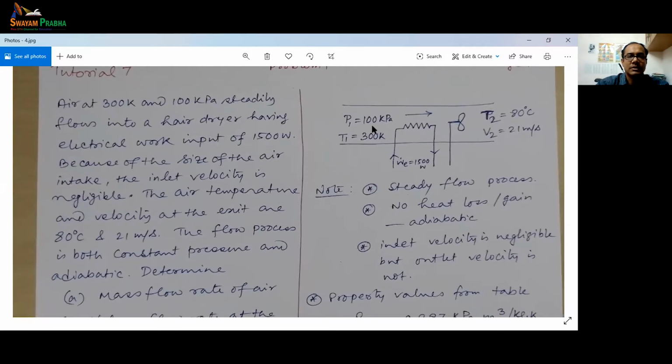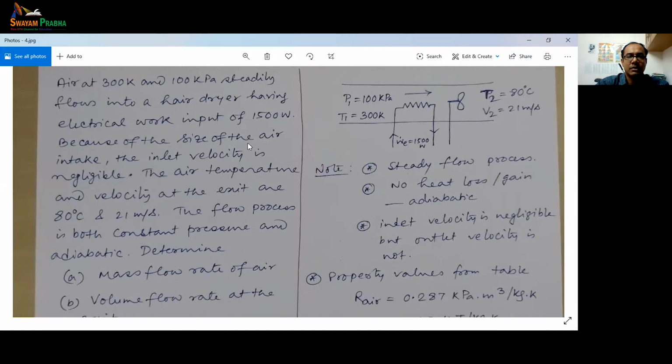From one side air is sucked in, at ambient conditions: 300 Kelvin means 27 degrees centigrade, and 100 kPa is closely 1 atmosphere. So atmospheric air is taken in by the hair dryer, and you are putting in electrical work input through the electrical heater, and that amount is given as 1500 watt.